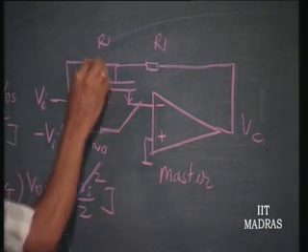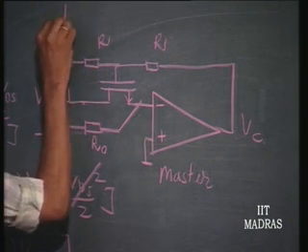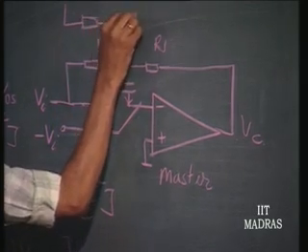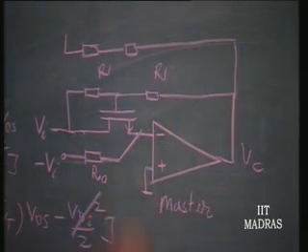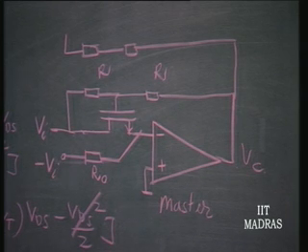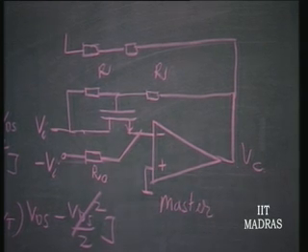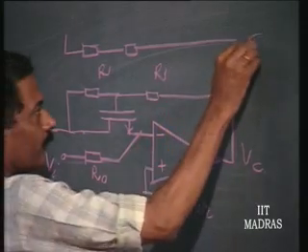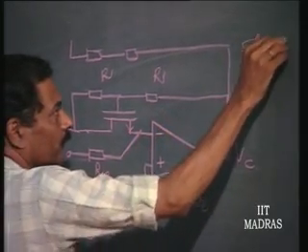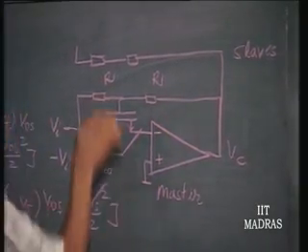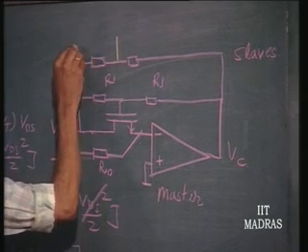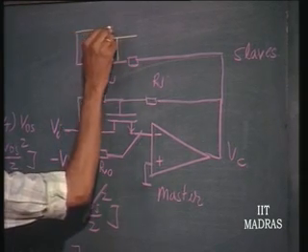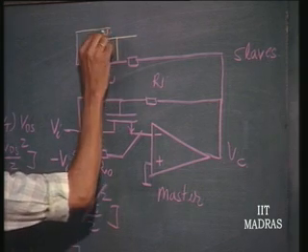Now, once it is made sure, then I can use the same control voltage for all the slaves: FETs which are exactly identical, and circuits which are exactly identical.